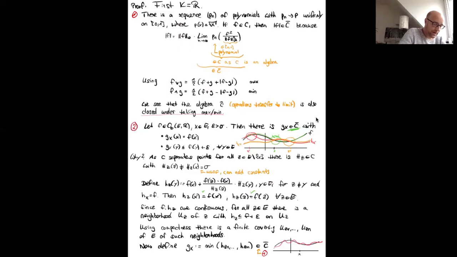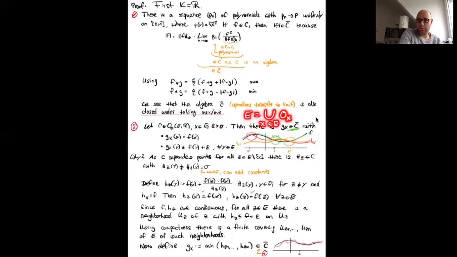Since I have a compact space, I can cover the compact space by finitely many open sets. Finitely many. So why can I do this in a compact space? Well, of course, I can take any open set around any point. So I can write E as the union over all x in E of open sets around x.